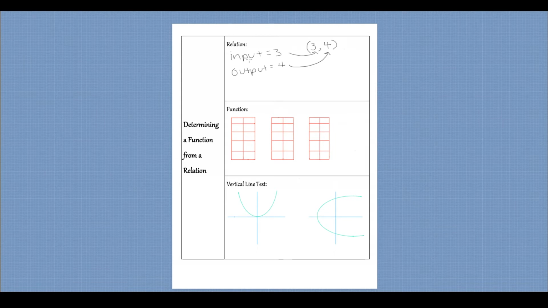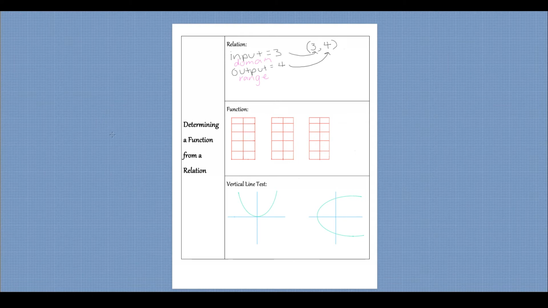In a relation, the set of x coordinates, or the input of the relation, is called the domain. And the output of the relation, or the y values of the coordinates in the relation, are called the range. We will learn more about domain and range in a next video.